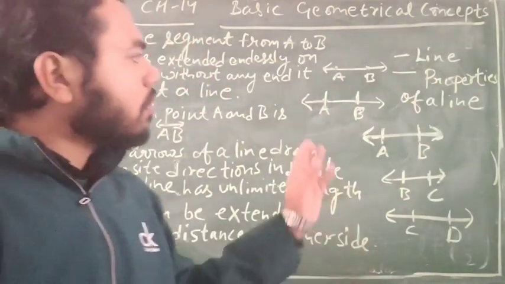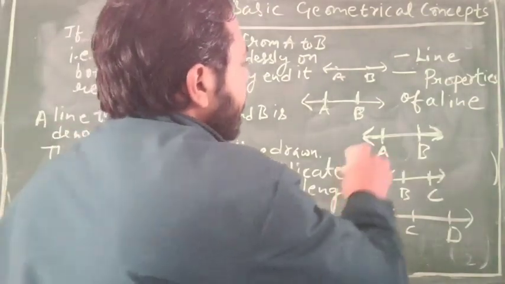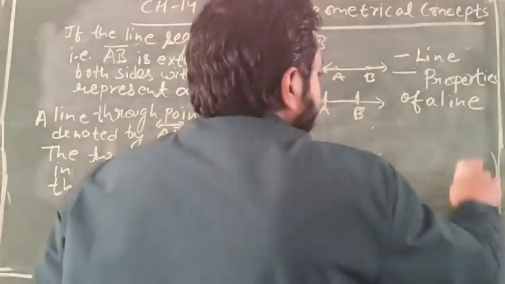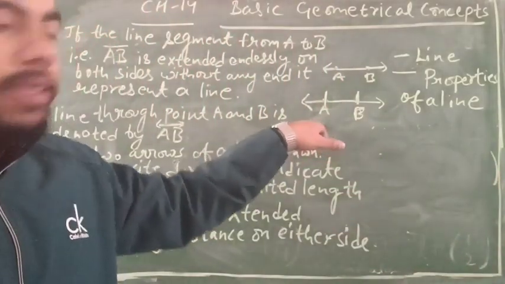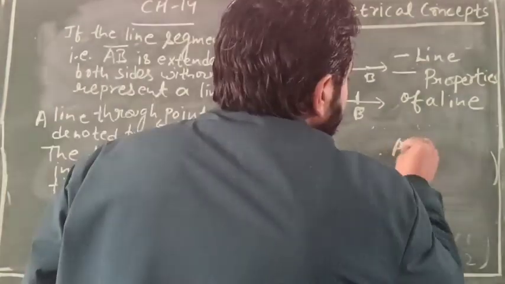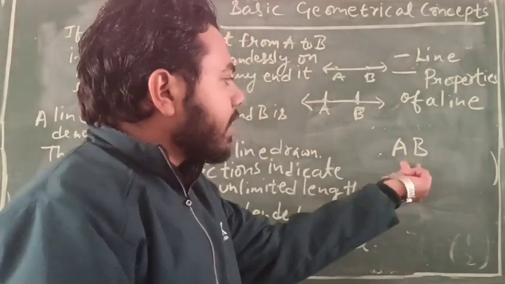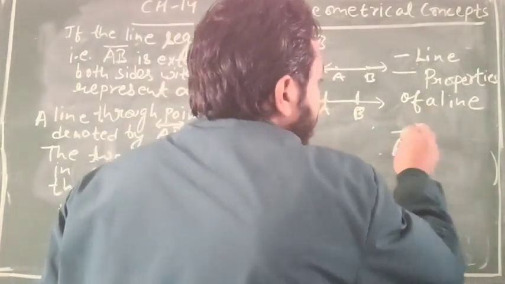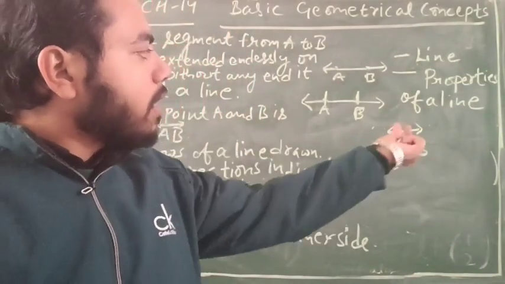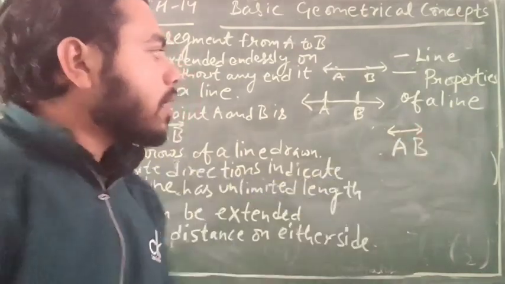Now we will talk about how a line is represented. Suppose we have to represent line AB. We just write AB and make an arrow on both sides.